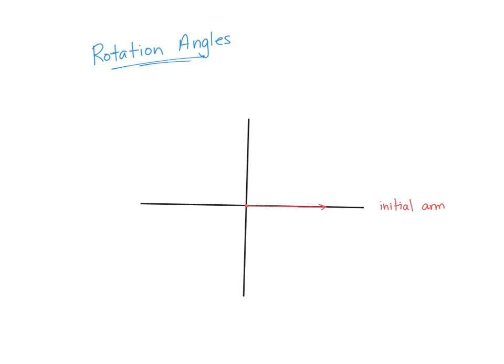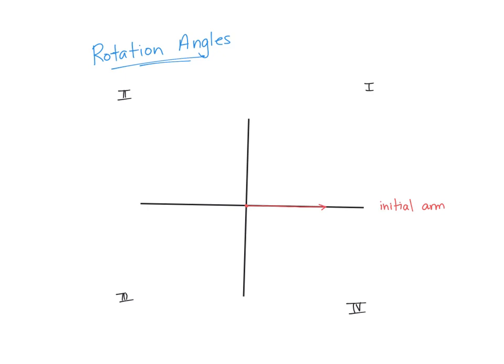If I were to rotate my angle, a positive angle has me rotating through the first quadrant, which you'll recall we have quadrants 1, 2, 3, and 4.